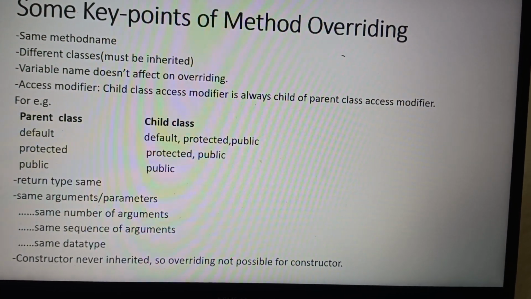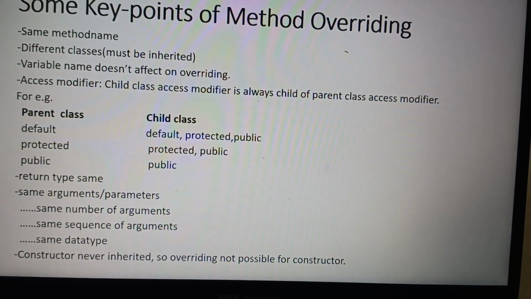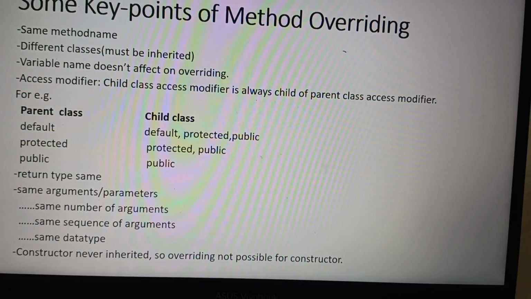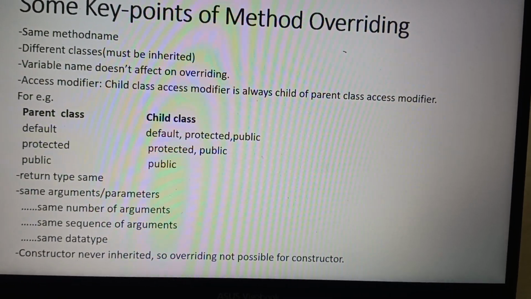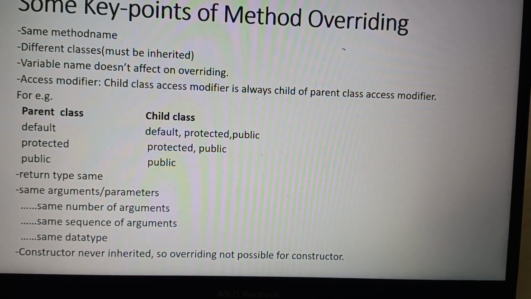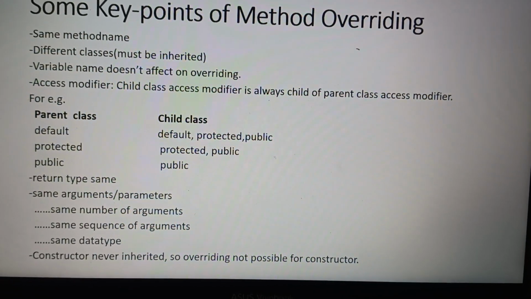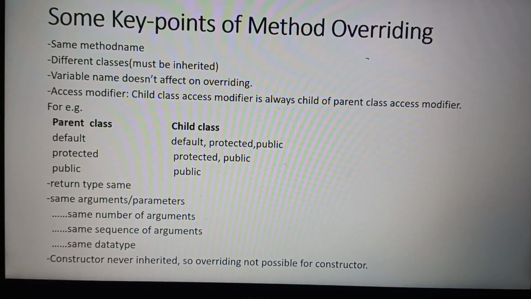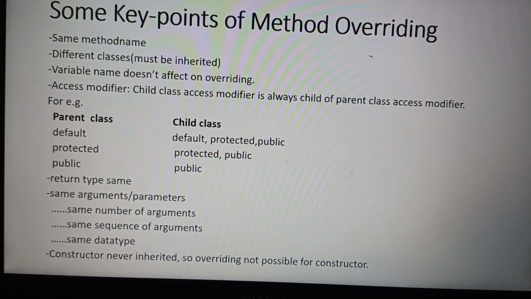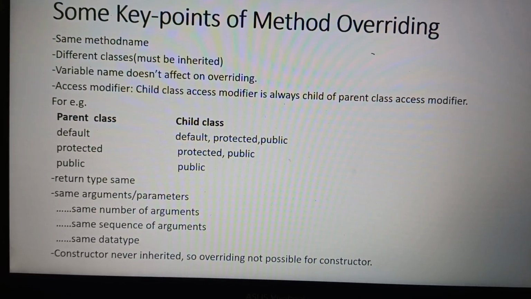Then same sequence of arguments required for parent class method and child class method, and data type is also similar. And last point is constructor never inherited, so overriding not possible in case of constructor. So this is all about method overloading and method overriding.